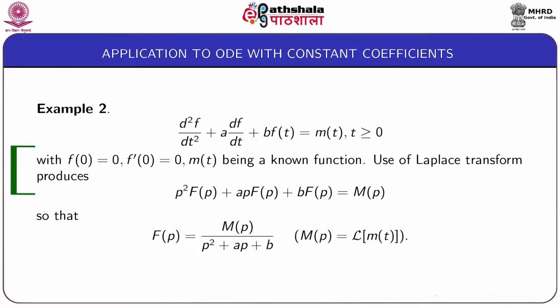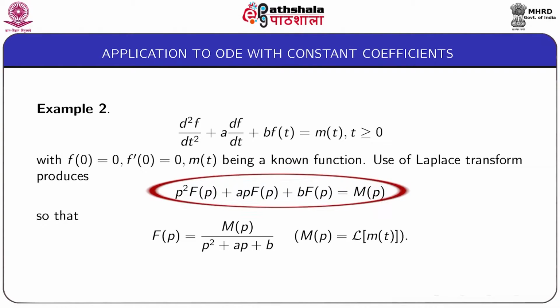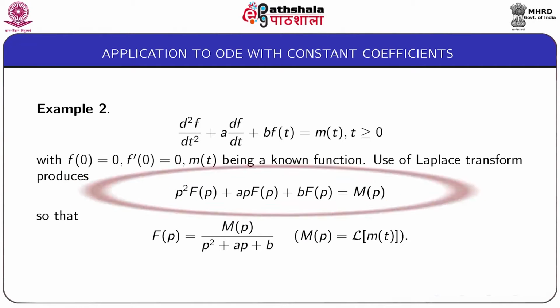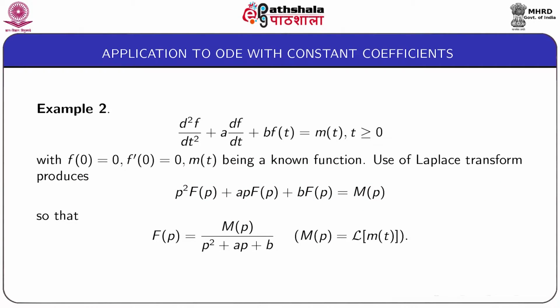Here also we use Laplace transform, that is, we multiply both sides of the given differential equation by e to the power minus pt and integrate with respect to t from 0 to infinity to obtain p square F(p) plus a p F(p) plus b F(p) equal to M(p).